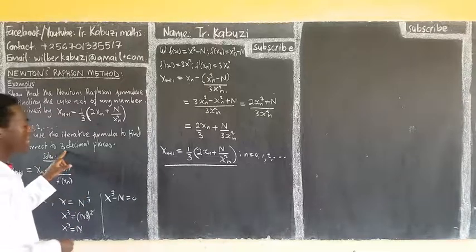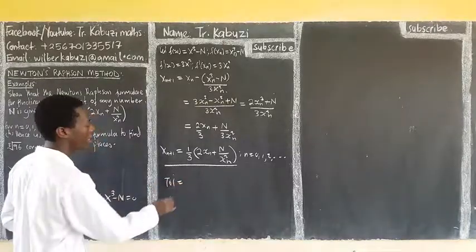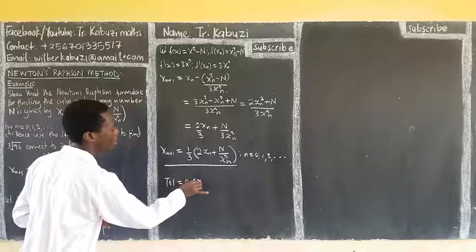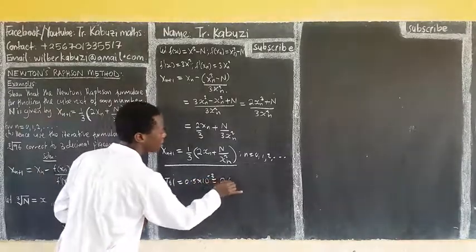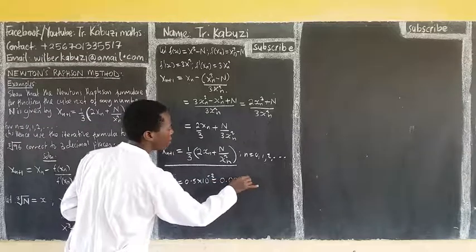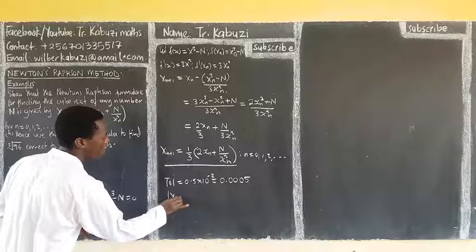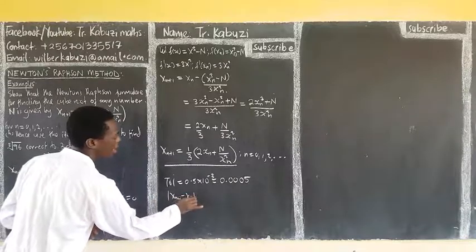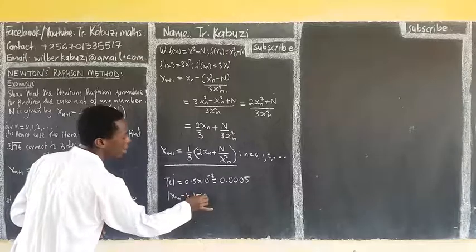Because they are telling us correct to 3 decimal places, our tolerance is going to be 0.5 times 10 power negative 3, which will give us 0.0005. This means the difference between xn and xn minus 1 should be less than 0.0005.